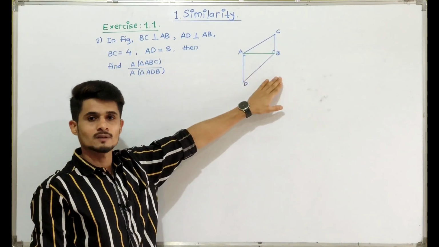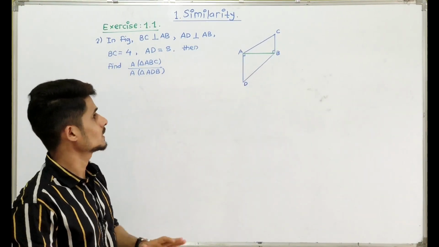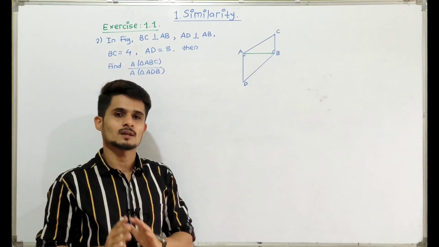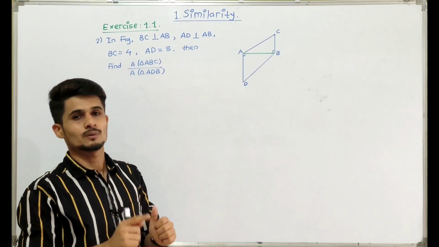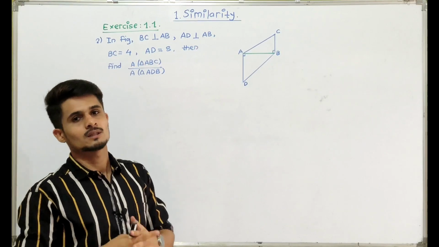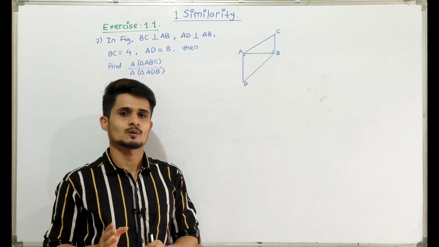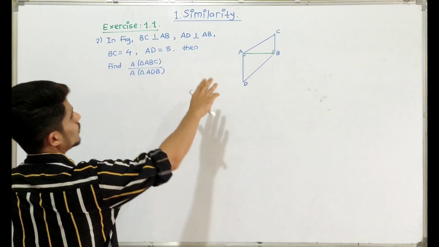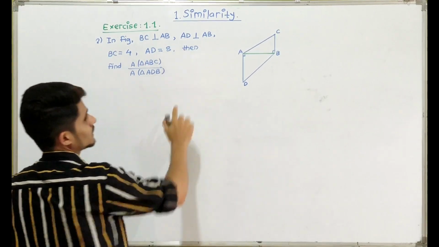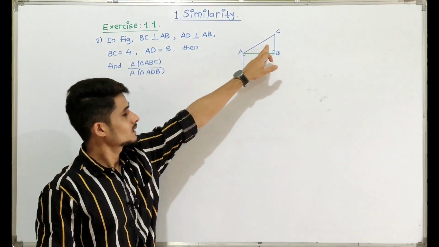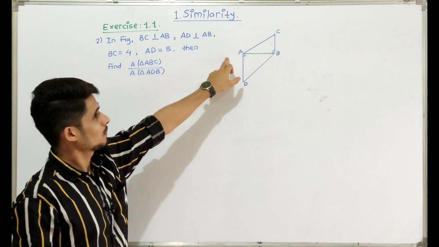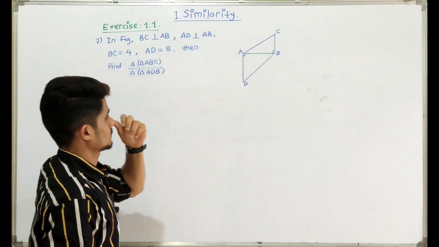So we'll solve it using our third property, that is, the ratio of areas of two triangles with equal bases is equal to the ratio of their corresponding heights. We'll use the third property because in both triangles, base AB is common.